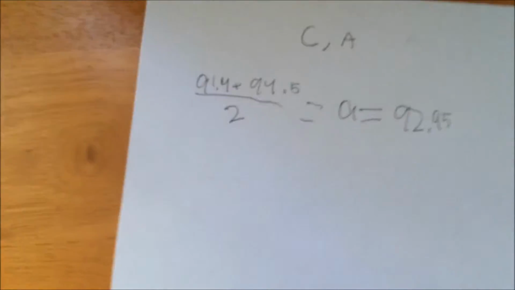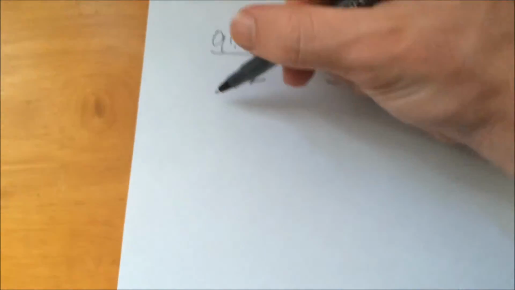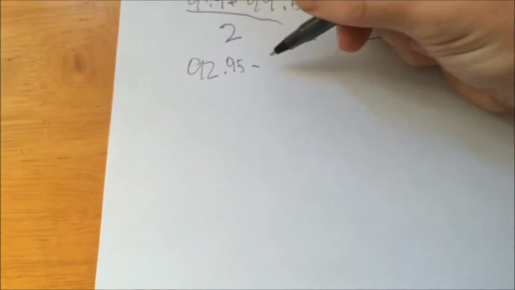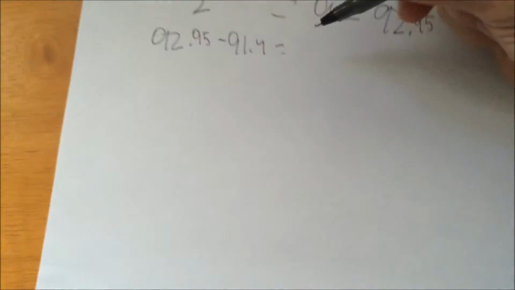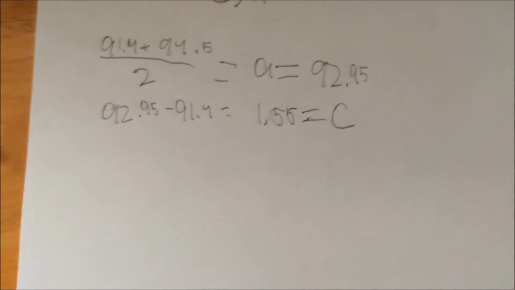Now, our C value, which we find by subtracting 92.95 and 91.4, equaling 1.55, which is our C value.